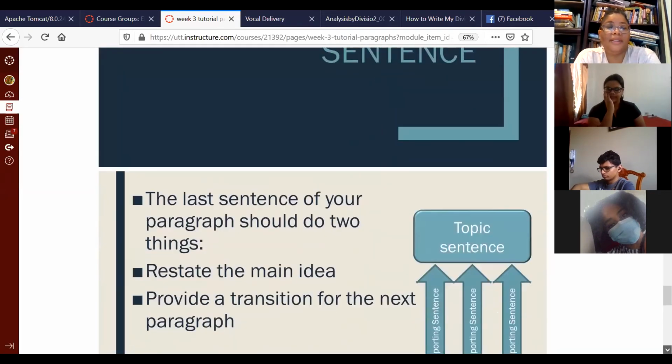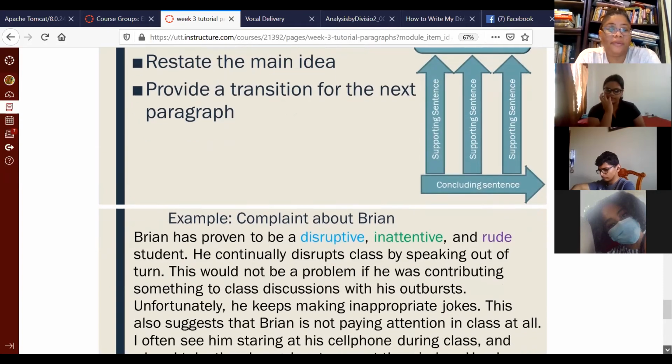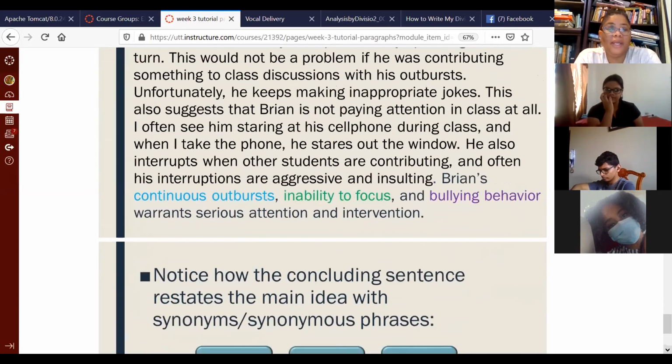As for the clincher sentence, like we said in the video, it should sum up everything and provide a transition to the next paragraph. So the example here: Brian's continuous outbursts, inability to focus, and bullying behavior warrant serious attention and intervention.